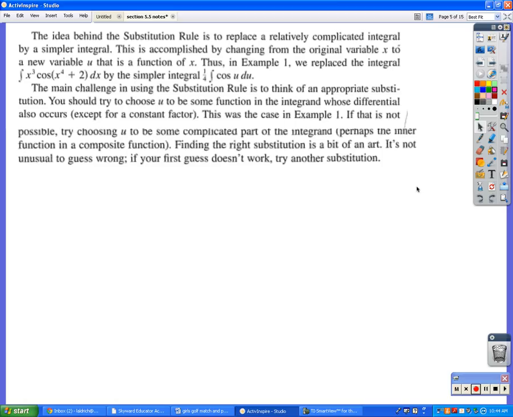You should try to choose u to be some function in the integrand whose differential also occurs. So the reason why we chose x to the 4th plus 2 is because the derivative of x to the 4th is x to the 3rd, and that was in the problem, okay? If that's not possible, try choosing u to be some complicated part of the integrand. Finding the right substitution is a bit of an art. It's not unusual to guess wrong.